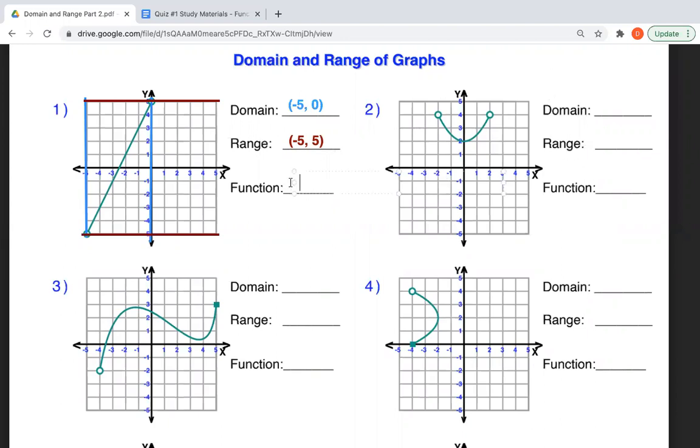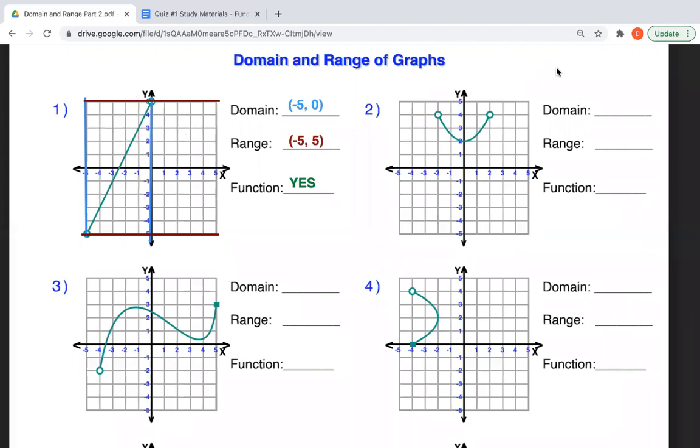Say yes, because I can draw a vertical line anywhere on this graph and only have it touch one spot of the graph. So let's say right here, it only touches the graph there. If I move the vertical line over here, it only touches the graph over here, but only ever at one location.